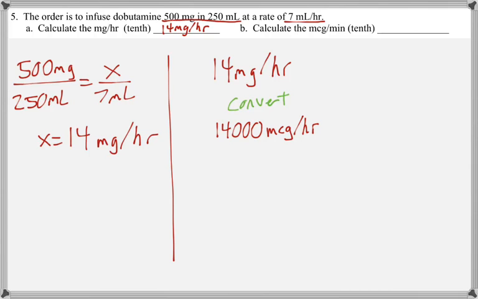Then I need to convert from hours to minutes, so I need to divide by 60. And 14,000 divided by 60, and then rounding to the nearest tenth, this will be 233.3 mcg per minute.